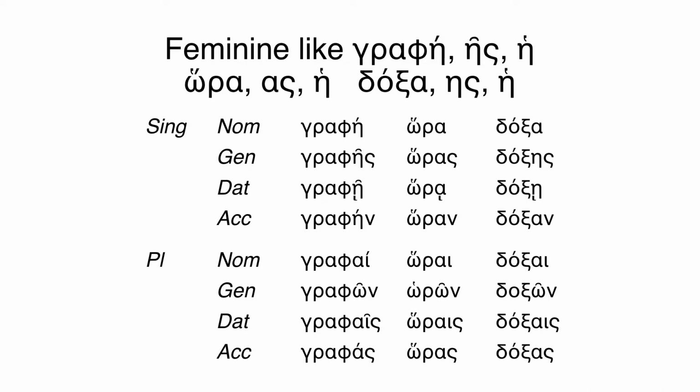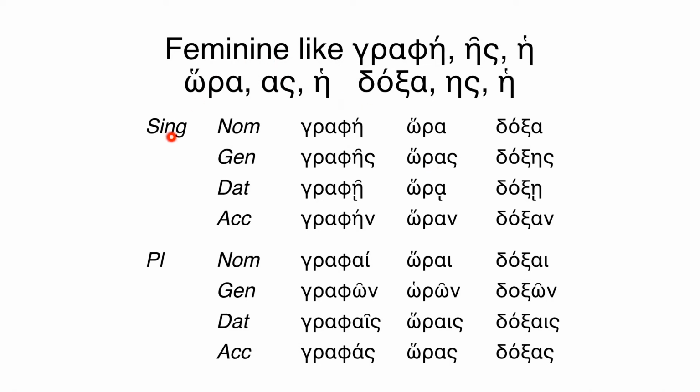Now let's move to the second set of forms, following hora. For feminine nouns whose stems end in a vowel or the letter rho, we have a different ending for the feminine singular nominative. It is alpha, hora, whereas for grafe, it was an eta, grafe. Here it's an alpha. For the feminine singular genitive, we have horas, alpha, sigma, instead of eta, sigma.